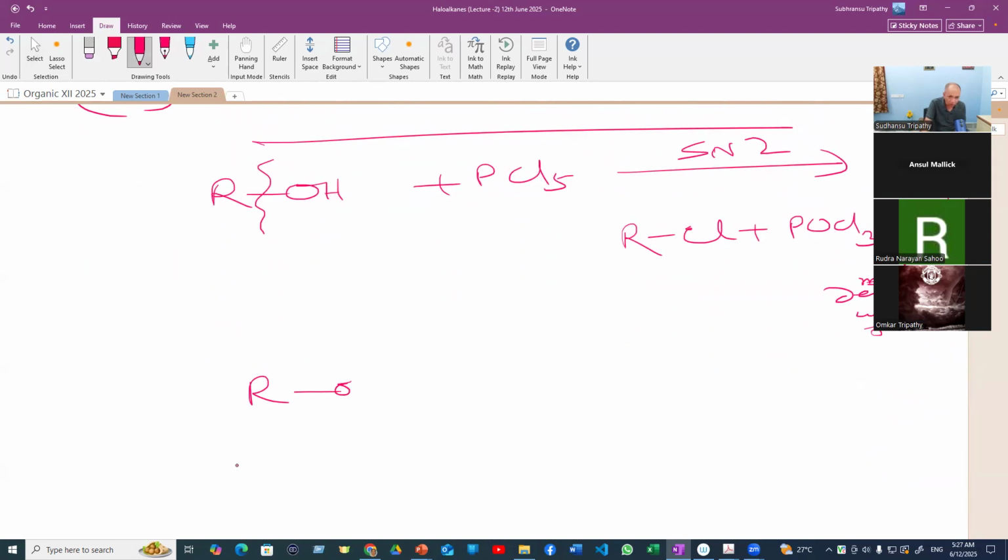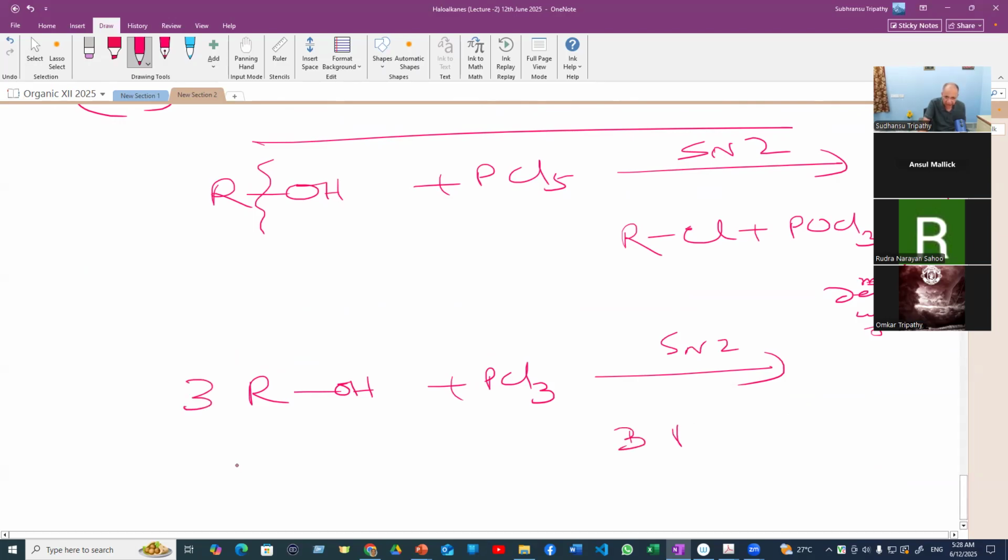And also, you can use PCl3. In PCl3, it is the same SN2, but you will need 3 of them to produce 3 RCl plus H3PO3, phosphorus acid.